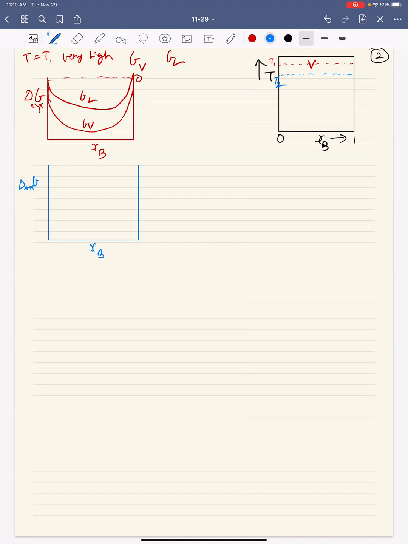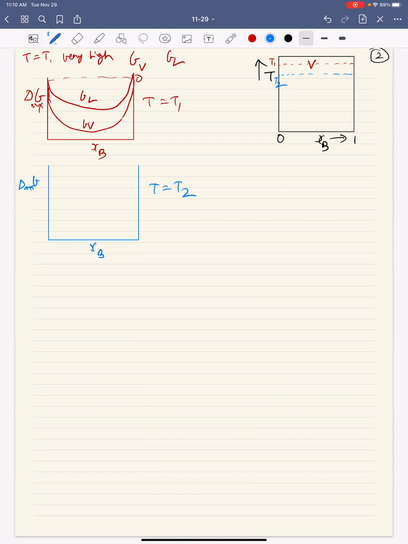So the question now is, relative to the curves you had at T equal to T1, should either of these curves move up or move lower as you decrease the temperature at constant pressure? Michaela, what do you think?